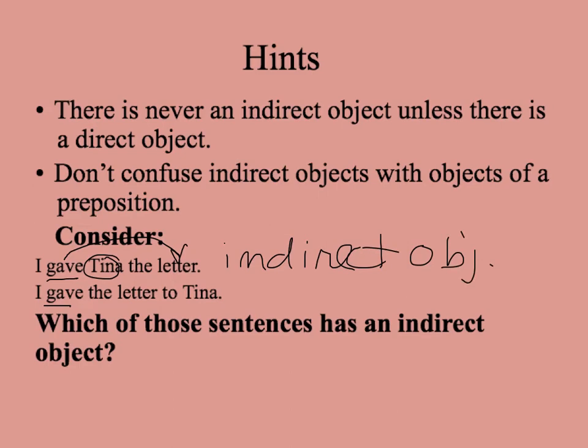The next sentence has an object of the preposition. Gave what? The letter. Note the use of to, which is a preposition. This time, Tina is the object of the preposition, not to be confused with an indirect object, which always comes before the direct object.